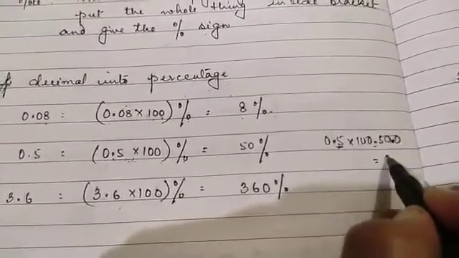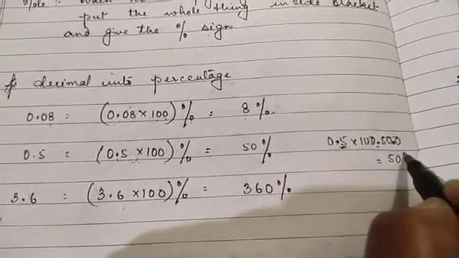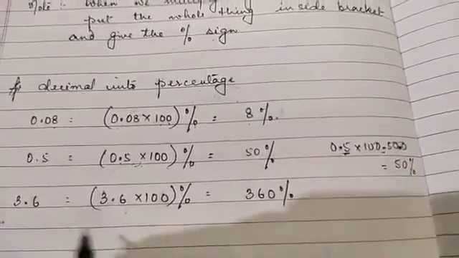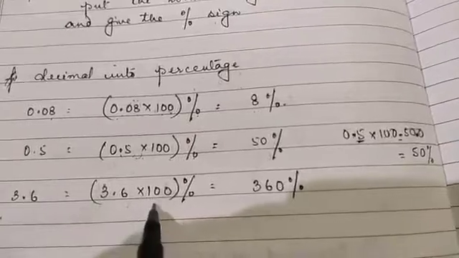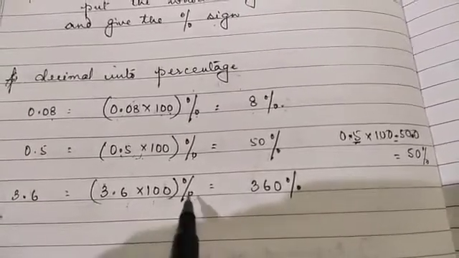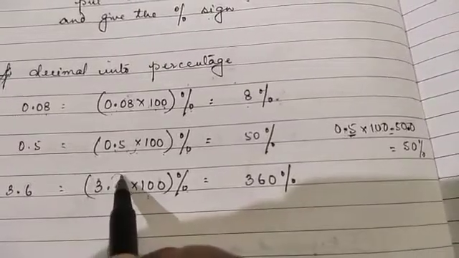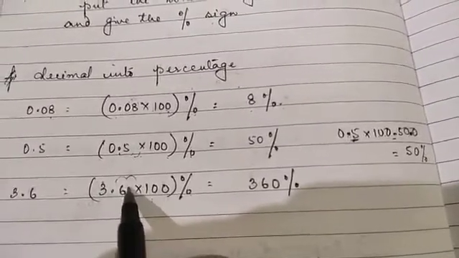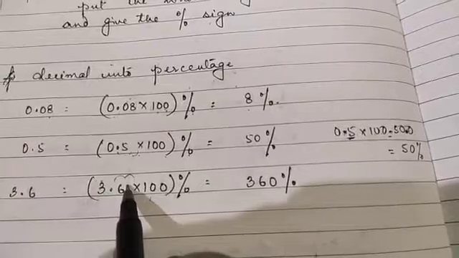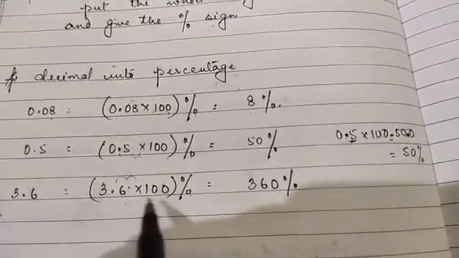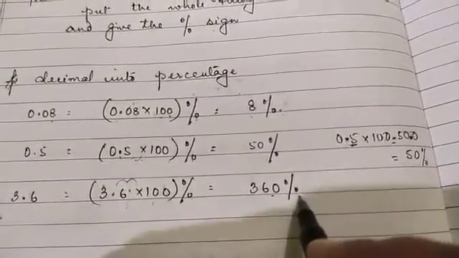Then what answer are you getting? You are getting 50. So this is 50%. 3.6 into 100. Decimal point will shift 2 places, and here nothing is there, so we will put a 0 over here. So it will become 360%.